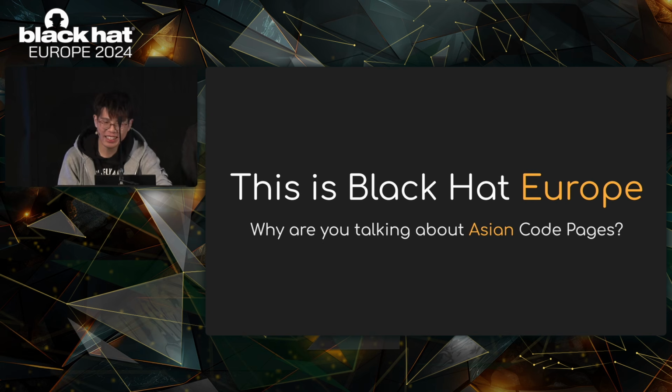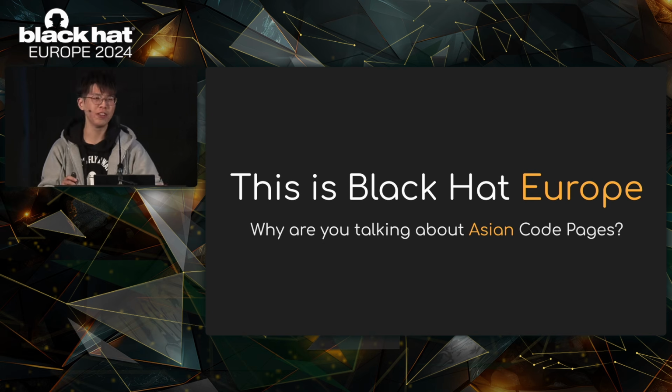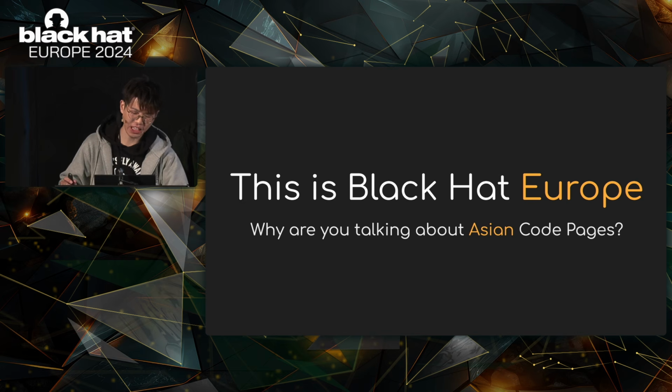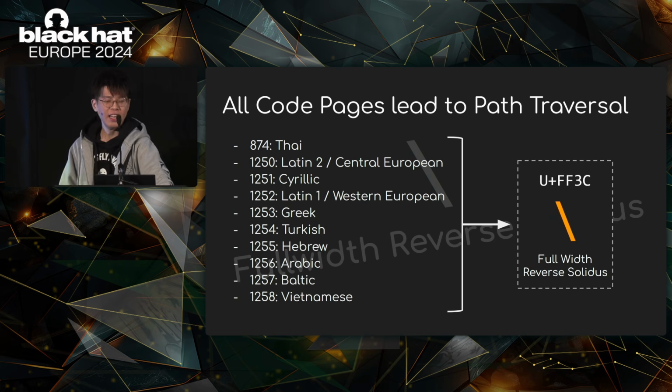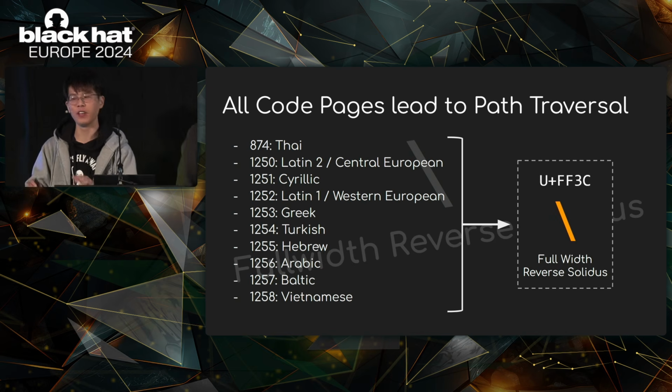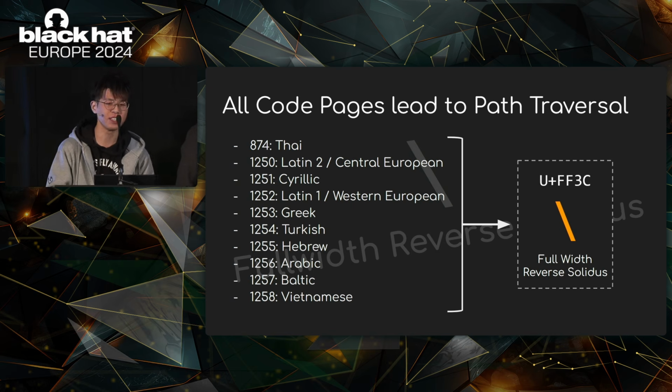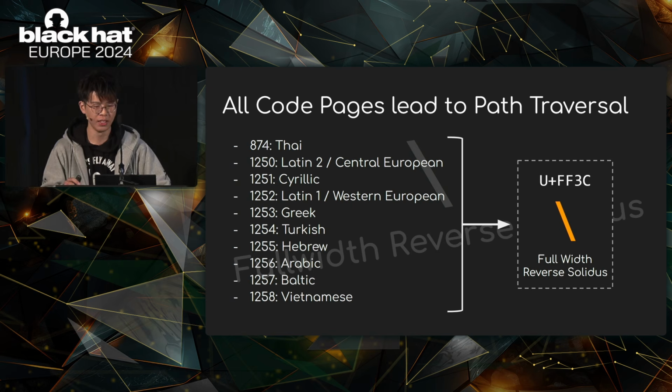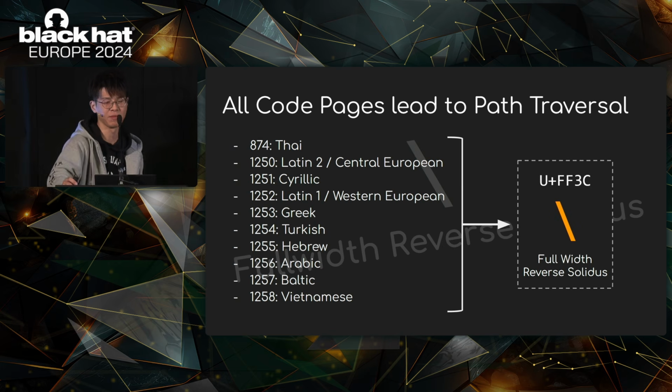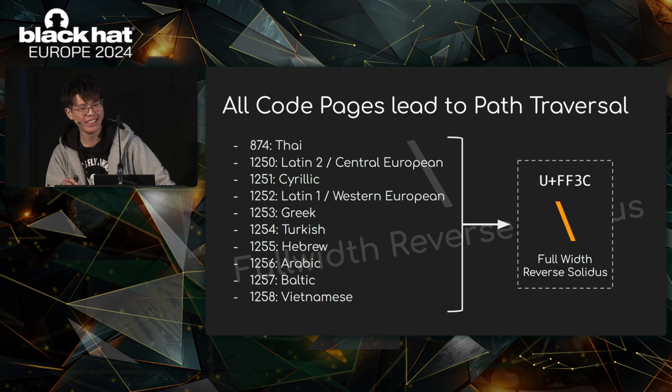you might be thinking that this is Black Hat Europe. Why does the speaker keep talking about the Asian code page? Actually, in most code pages, the full-width reversed solidus is also mapped to the backslash, leading to path traversal again. So do I really need to worry about that?